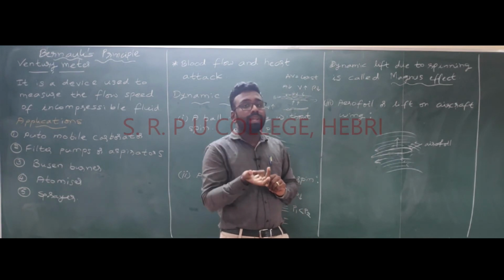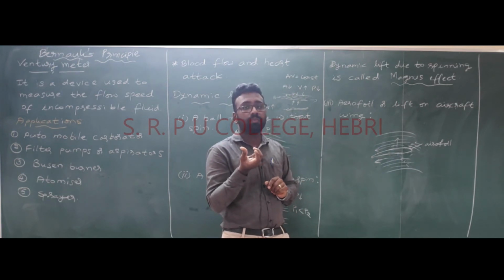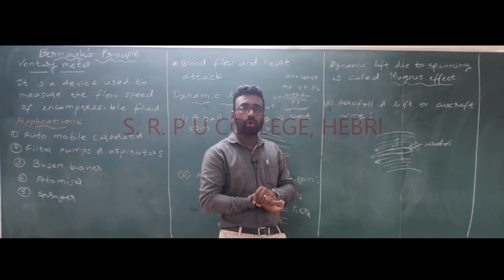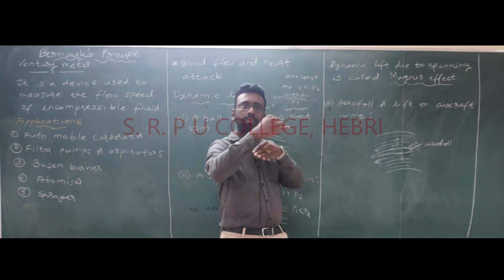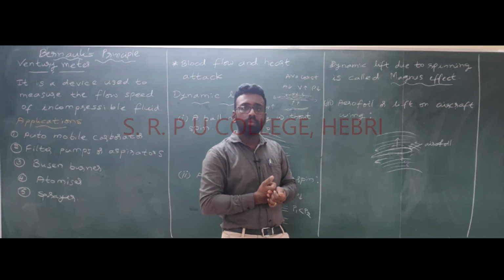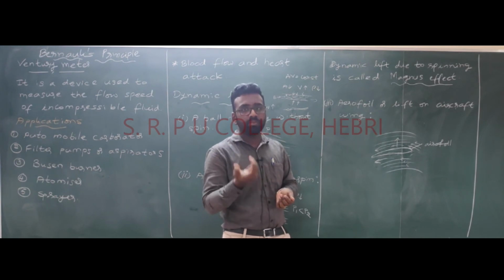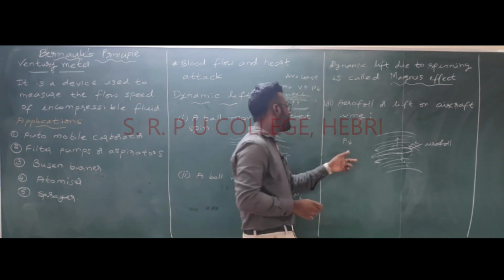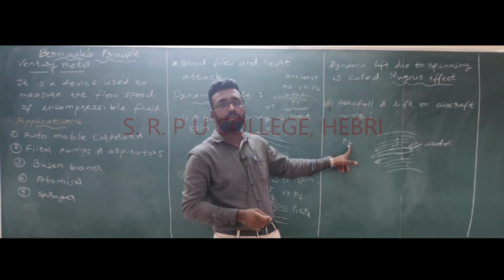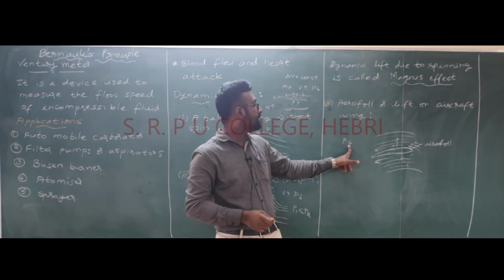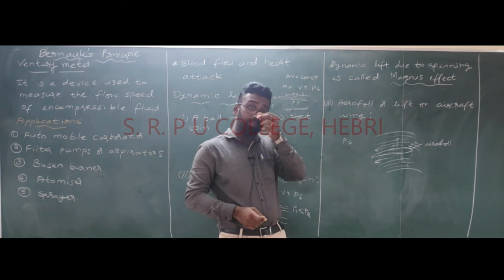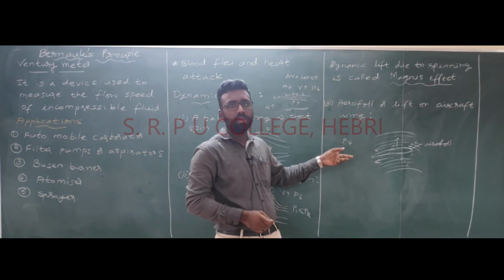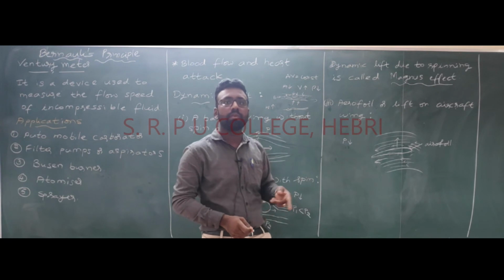Now when there is more air, what actually happens? Velocity will be more, obviously, right? More air will be moving, which means obviously velocity will be more. So when the velocity is more, you can understand what happens to the pressure. Pressure decreases. When the velocity is more, pressure decreases. When the pressure decreases, what happens?